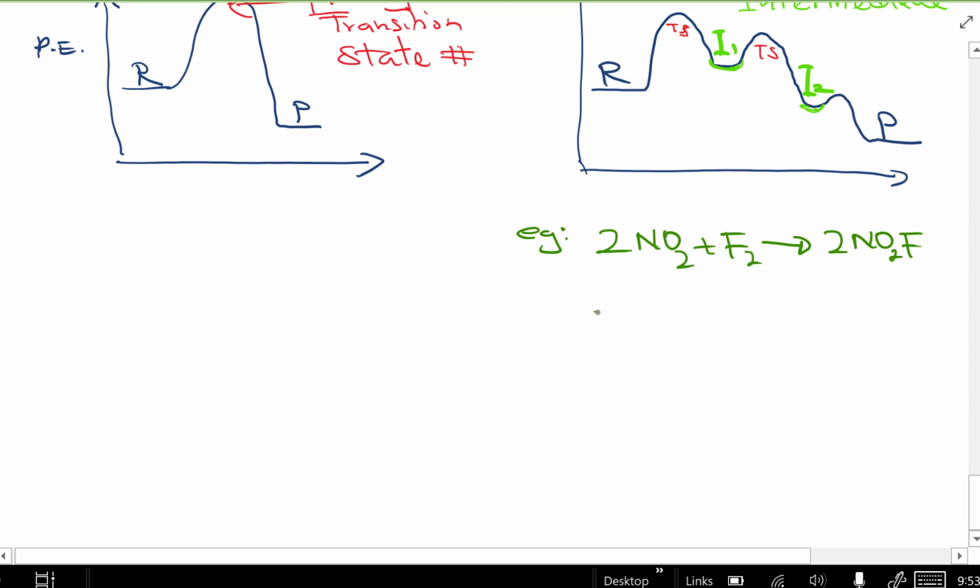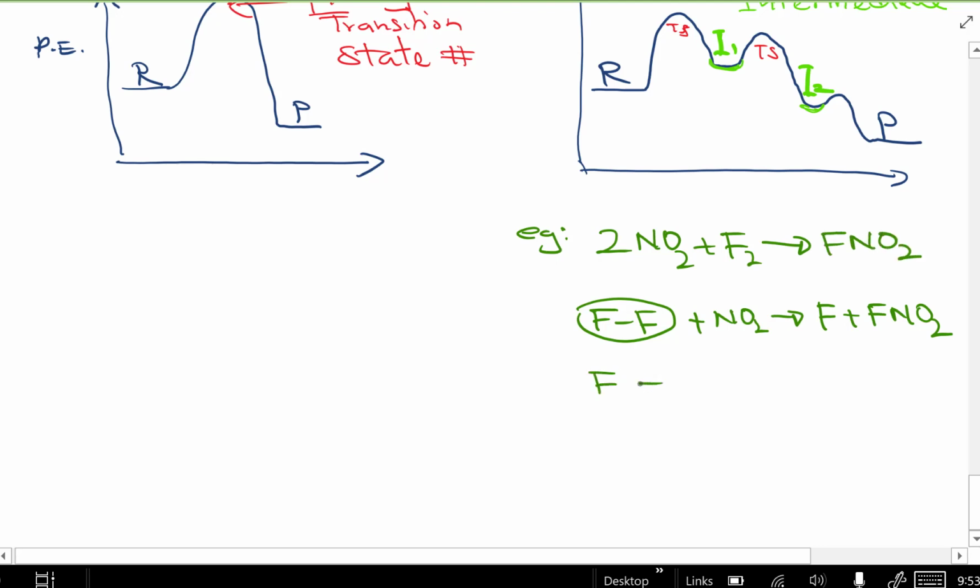This is an overall reaction, but what actually happens is fluorine reacts with NO2 and gives you F plus NO2F. Now what is left over? Perhaps it's good to write FNO2, so it's easy to see. So F and NO2 again give you FNO2. So these are two steps.